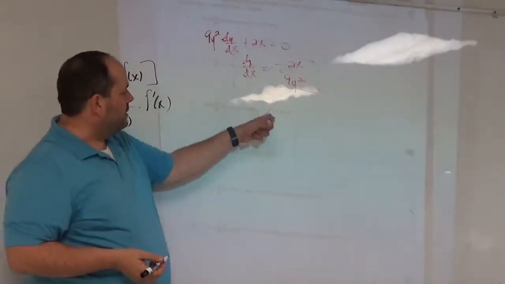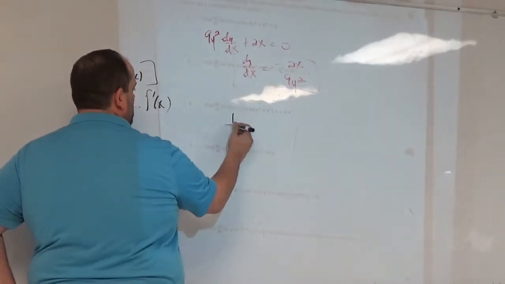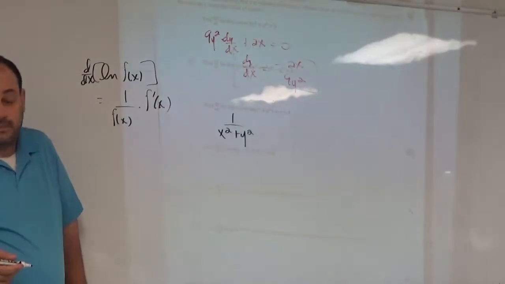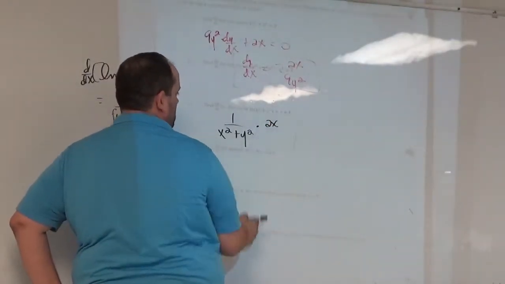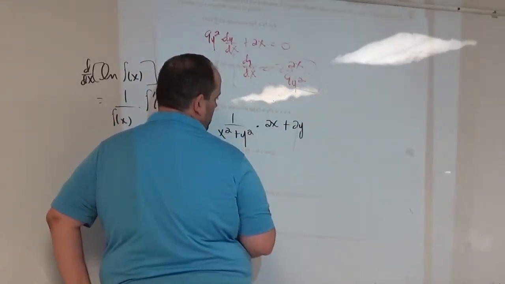All right, let's do it. Derivative of natural log of x squared plus y squared is 1 over the stuff times 2x plus 2y.